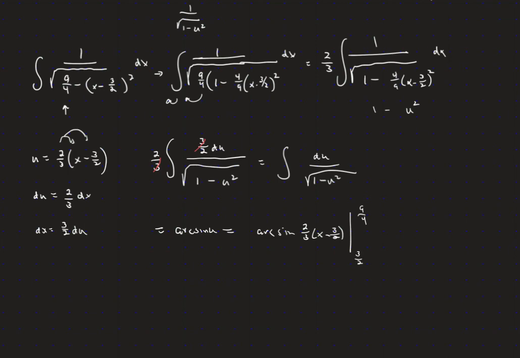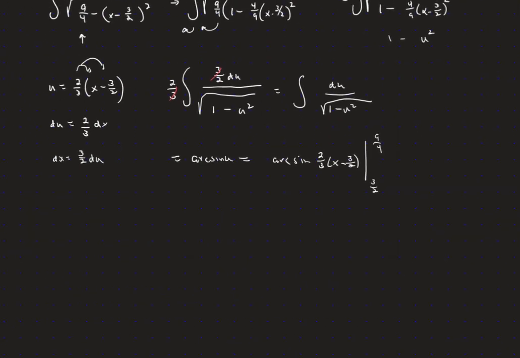Okay, I'm going to slide down a little bit here. So we have arc sine of 2/3 times 9/4 minus 3/2, minus the arc sine of 2/3 times 3/2 minus 3/2. Oh boy.